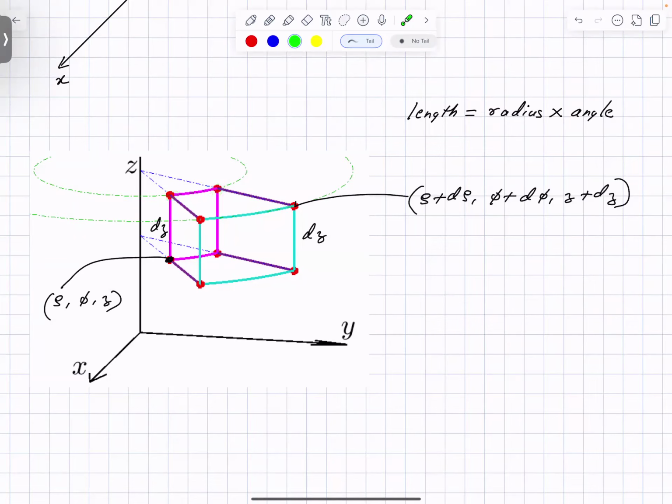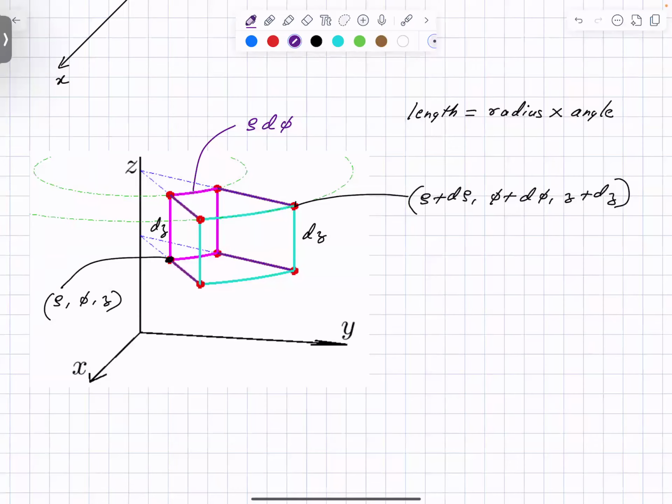So when we move from this point to this point, we make a change of d phi in the phi direction. So the subtended angle for this arc is d phi. So the length of this arc is rho d phi.